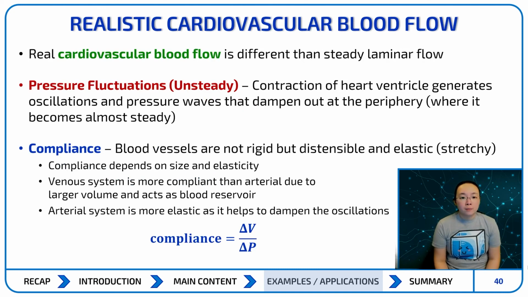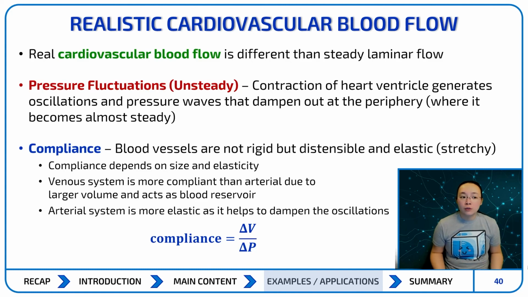So that's just a conversion equation that you can use if required. With realistic cardiovascular blood flow, there are a couple other considerations we have to look at. It's quite different from steady laminar flow because of two main reasons. Number one, you do get pressure fluctuations in your actual blood vessels.